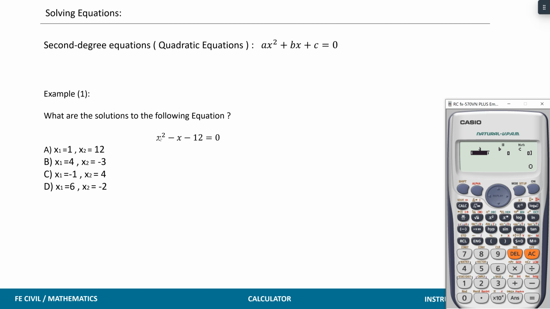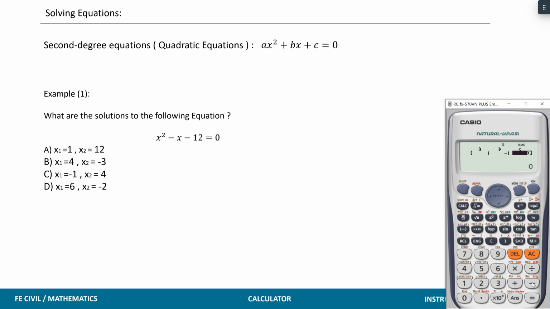We're going to look for the coefficient next to the variable. What's the coefficient next to the variable here? It's 1. So we're going to insert 1 equal, and what's the coefficient of the variable x here? It's -1. So we're going to insert -1 equals, and the last coefficient is -12.